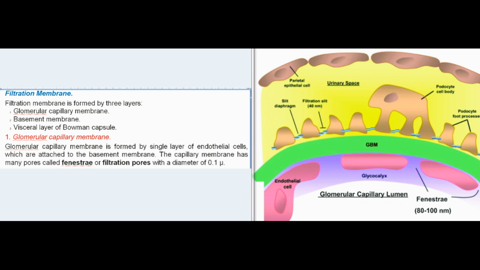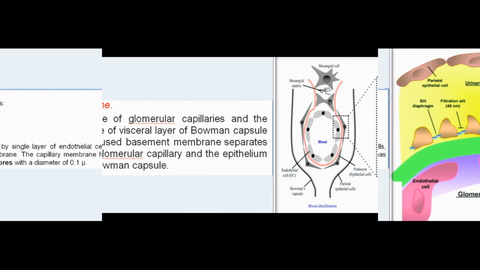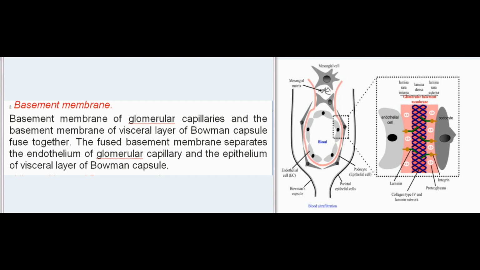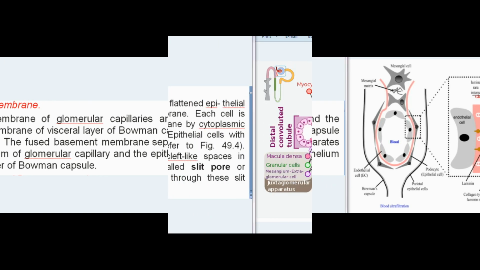The capillary membrane has many pores called fenestrae or filtration pores with a diameter of 0.1. Basement membrane. Basement membrane of glomerular capillaries and the basement membrane of visceral layer of Bowman capsule fuse together. The fused basement membrane separates the endothelium of glomerular capillary and the epithelium of visceral layer of Bowman capsule.